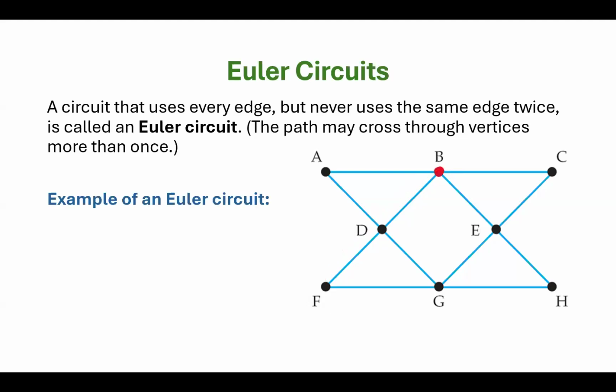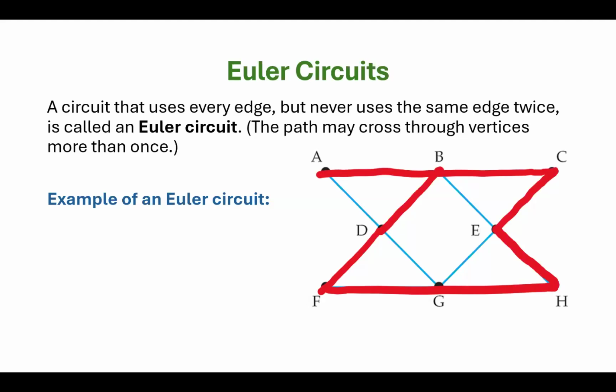Now, what I want to show you is an example of an Euler circuit. So starting on B, to have a circuit, I have to start and end at B. And I got to travel all of the edges once. So for example, I could go to D and then to F and then across to H and then to E, up to C, left to A, A to G, and then you could see how I can finish by going to E and then B. So there were no repeated edges.